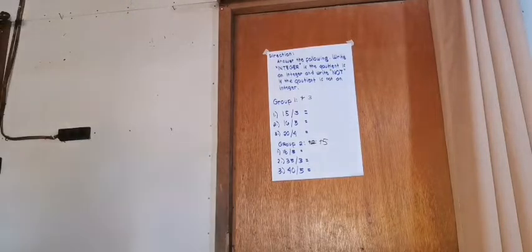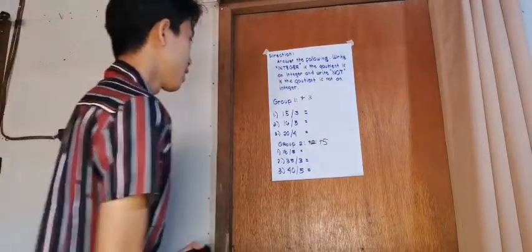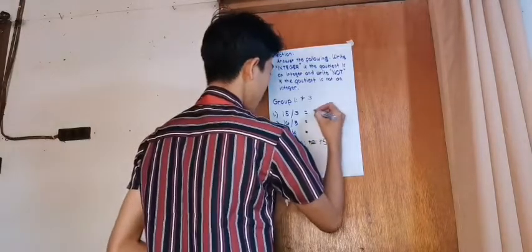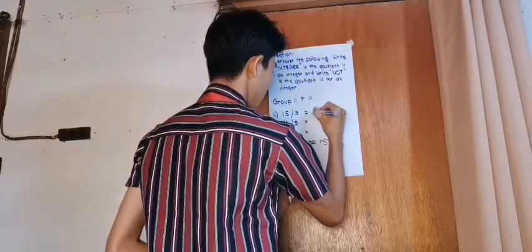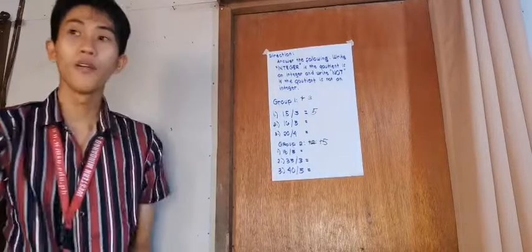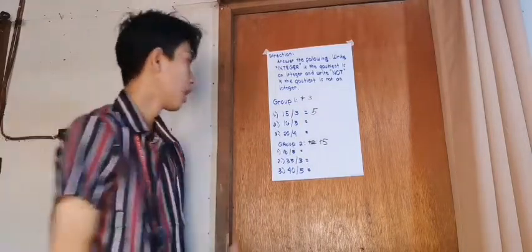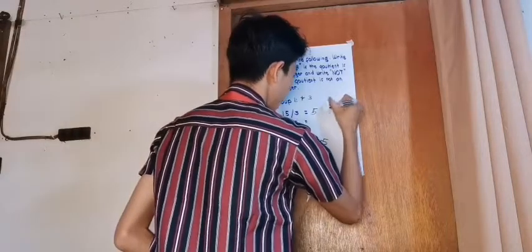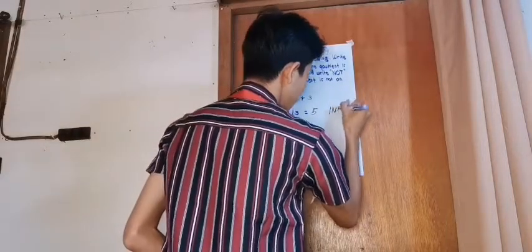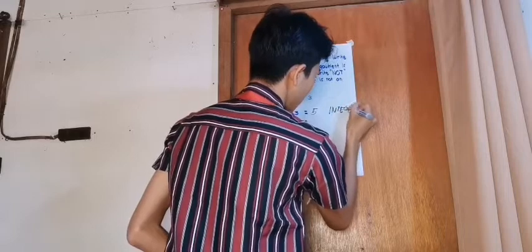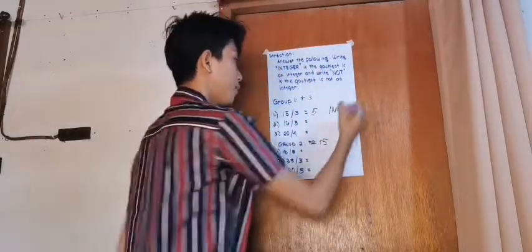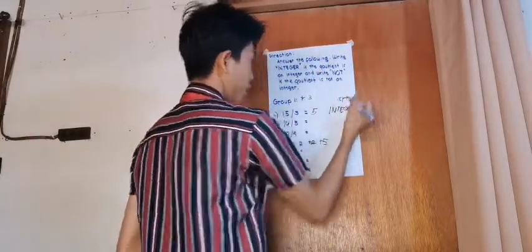So 15 divide 3, the answer is 5. Is it an integer or not? An integer. Okay. If your answer is an integer, you have 5 points, 5 points for group 1.